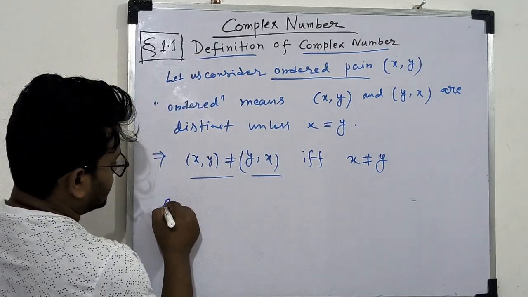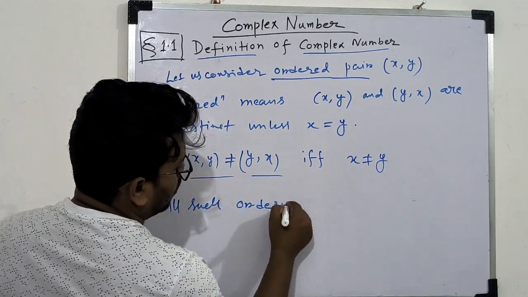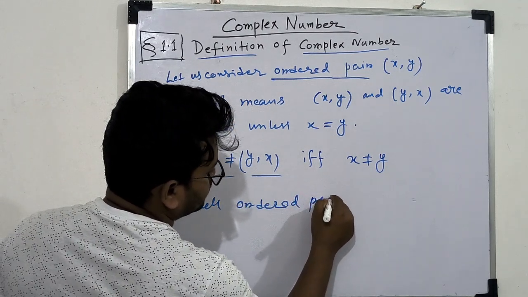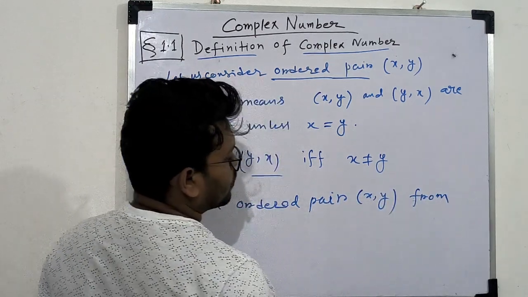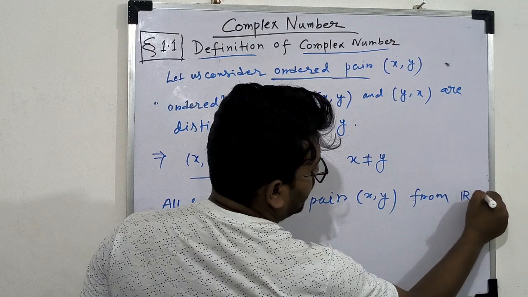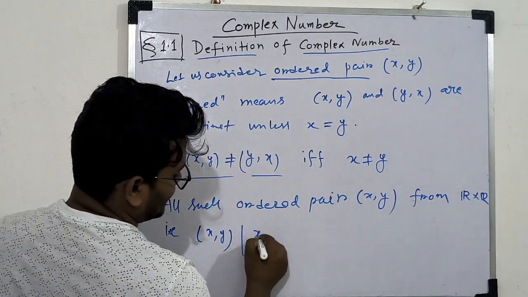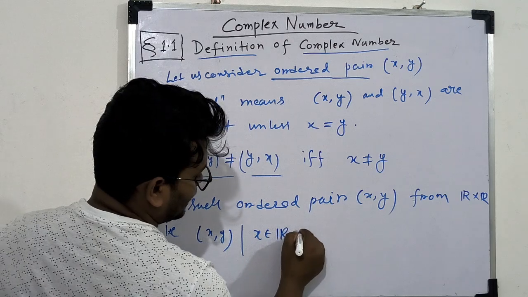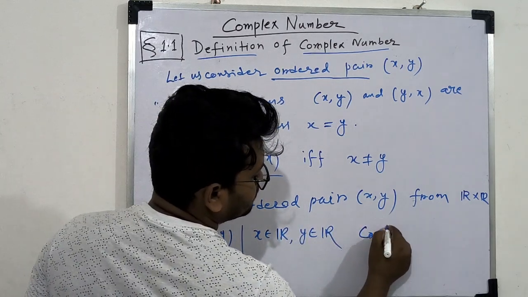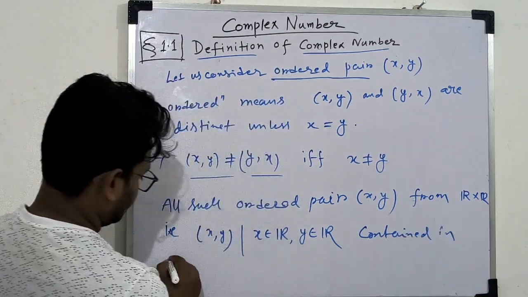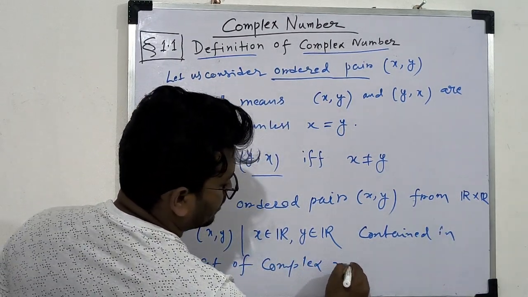So all such ordered pairs (x, y) from R cross R, all such ordered pairs (x, y) such that x belongs to R and y also belongs to R, are contained in the set of complex numbers.